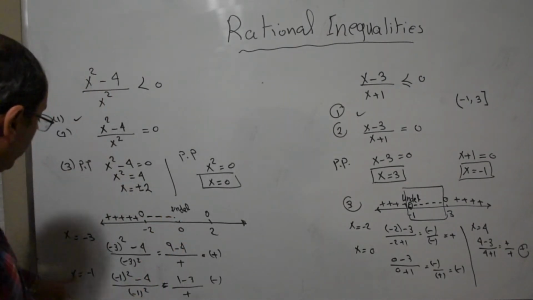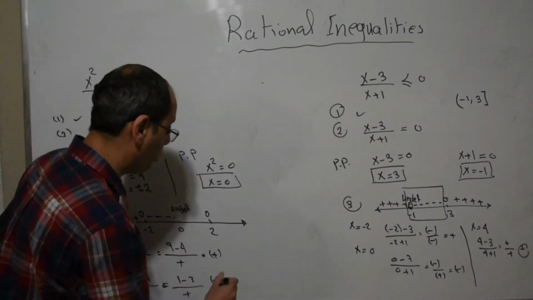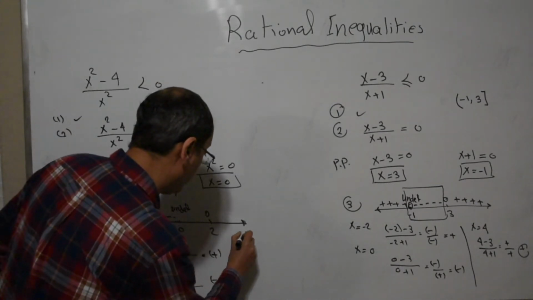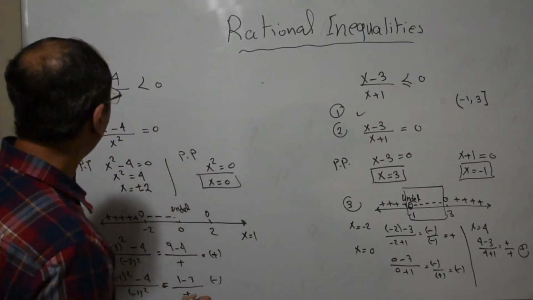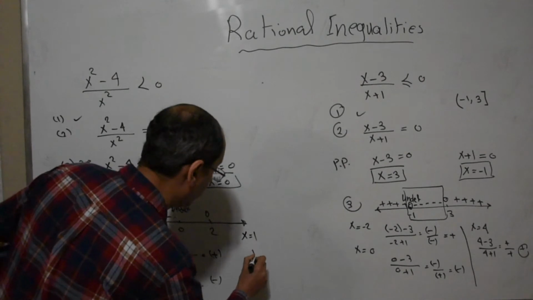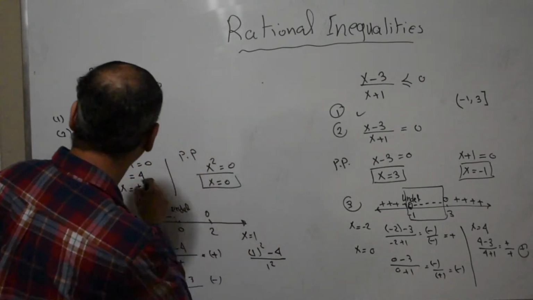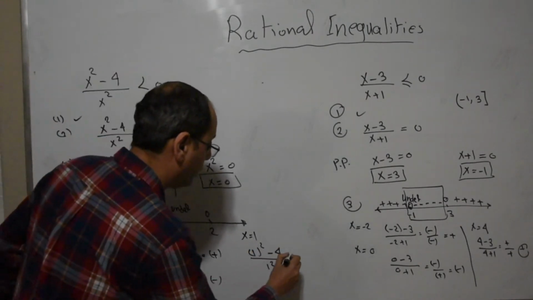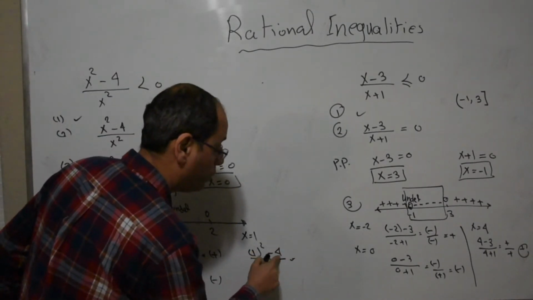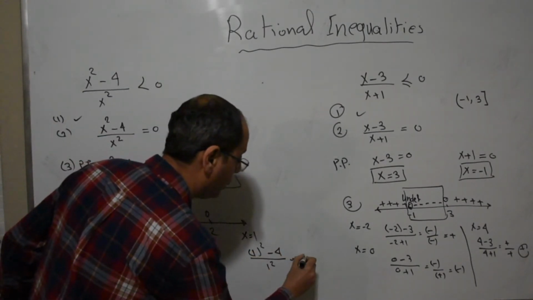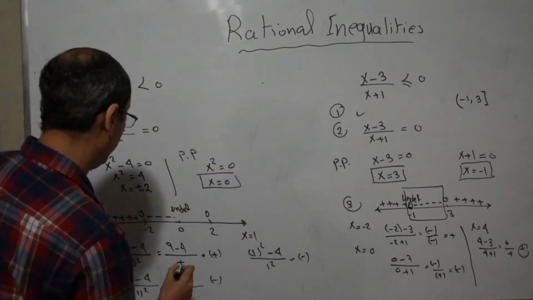Let's plug x is 1, a number between 0 and 2. So x is 1. I have 1 squared minus 4 divided by 1 squared. So I got negative, because 1 minus 4 is negative, over positive, so I got negative. So here is negative.